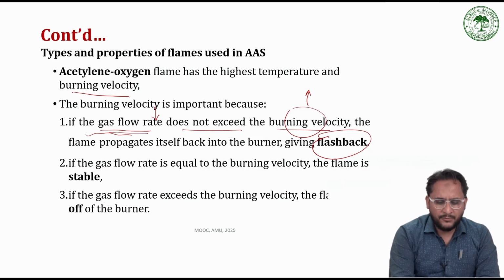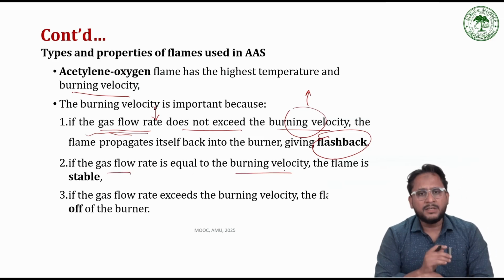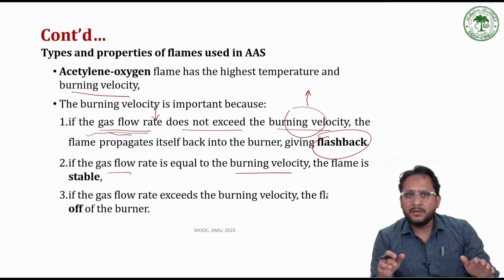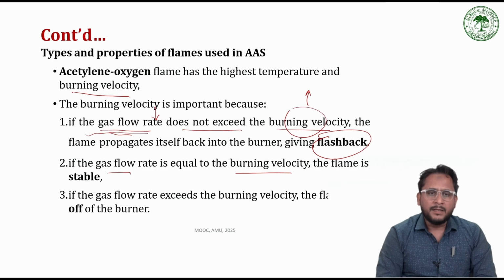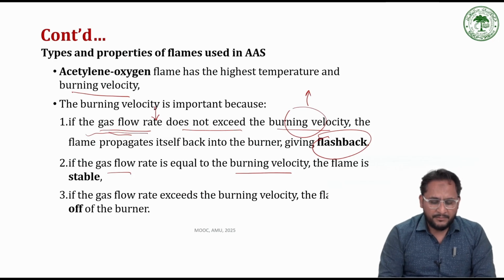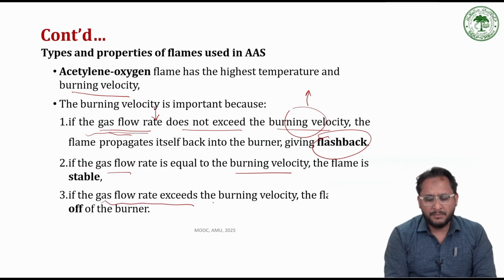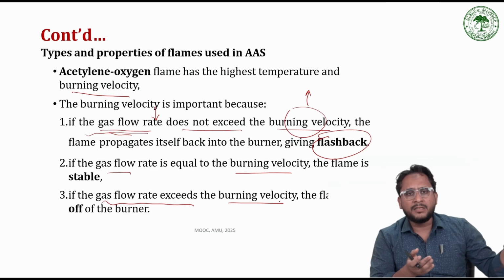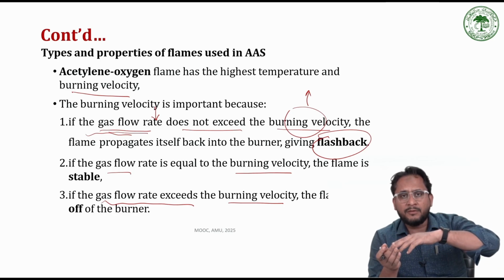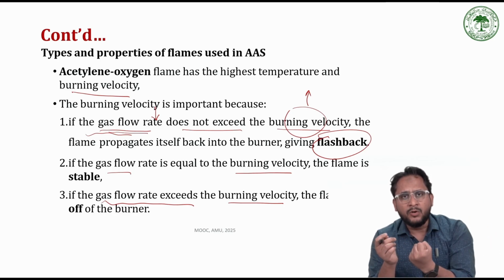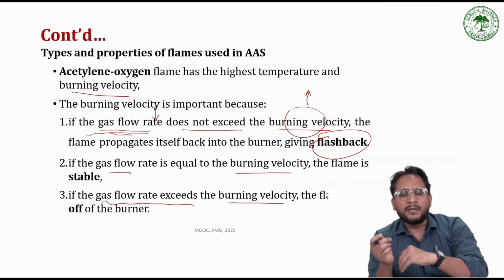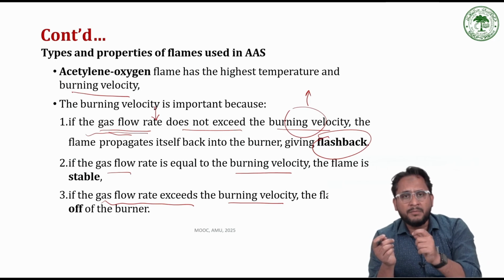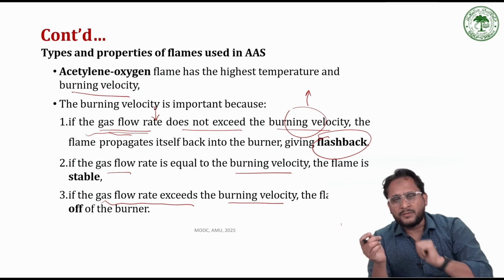However, if the gas flow rate is equal to the burning velocity, the flame is always stable. High thermal energy is available for atomization. In another case, if the gas flow rate exceeds the burning velocity, which means that large volumes of fuel are injected into the flame while the burning velocity is low, then only a part of the fuel will be burnt, and the remaining fuel will ultimately blow off the burner.